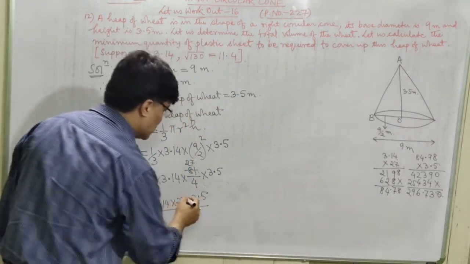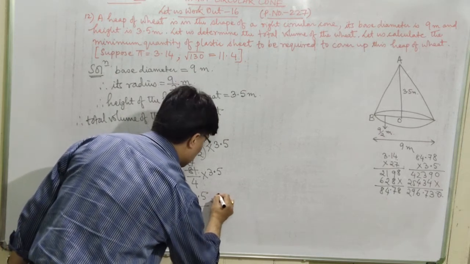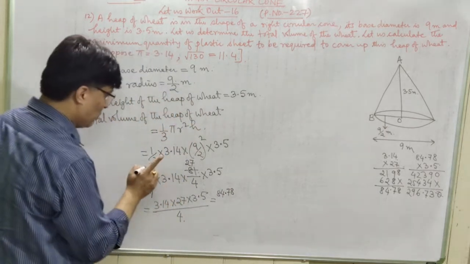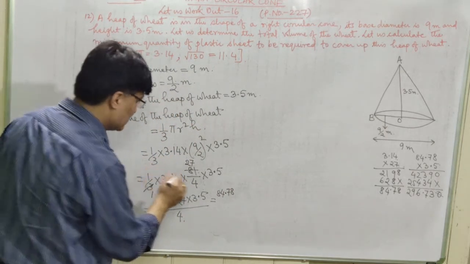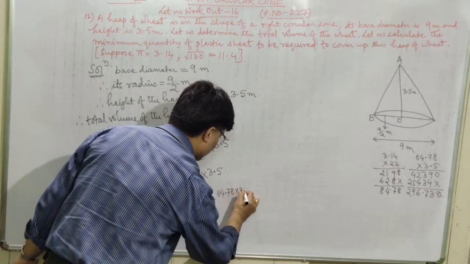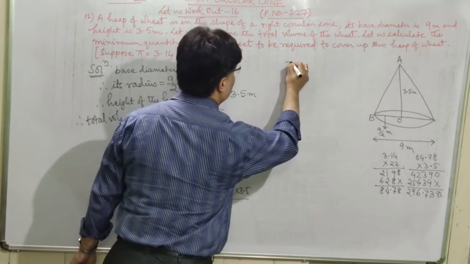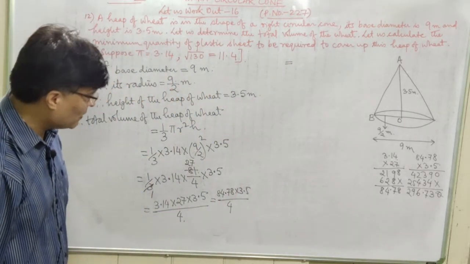So which is equal to, first of all, 84.78. 3.14 multiplied by 27 is 84.78, and it is multiplied by 3.5 whole divided by 4. What is 84.78 multiplied by 3.5?